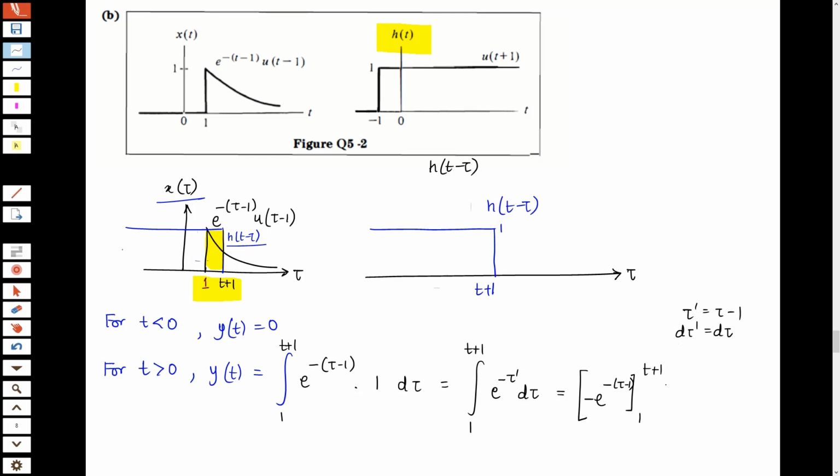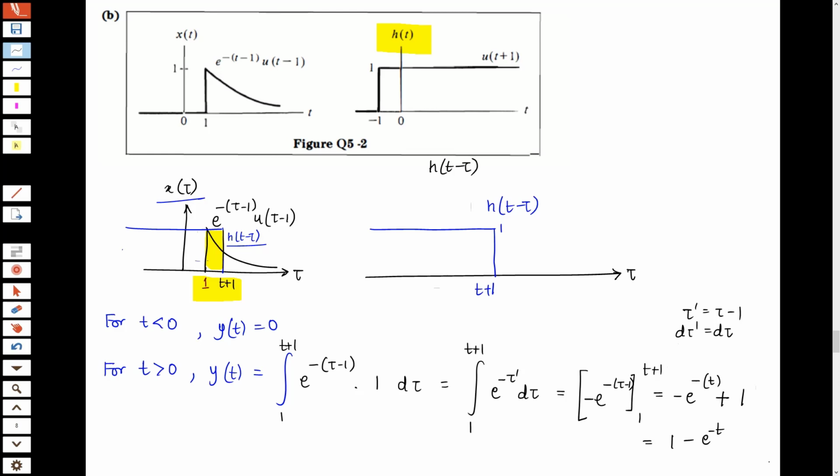So now when you are plugging in the value, you are basically saying minus e to the power minus (t plus 1 minus 1), minus e to the power (1 minus 1), which is 0. So this is 1. So this is like saying 1 minus e to the power minus t, right?